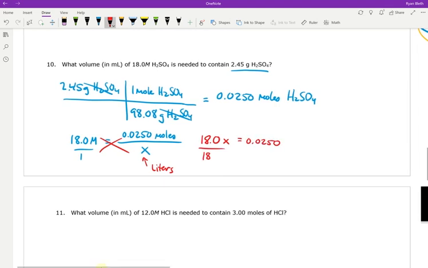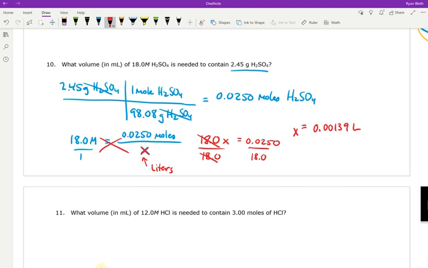Divide both sides by 18. Be careful with your algebra. Don't just assume you know what you're doing unless you do. And when I solve that, x comes out to be 0.00139 liters. So that was x in the liters position, the denominator of my ratio.